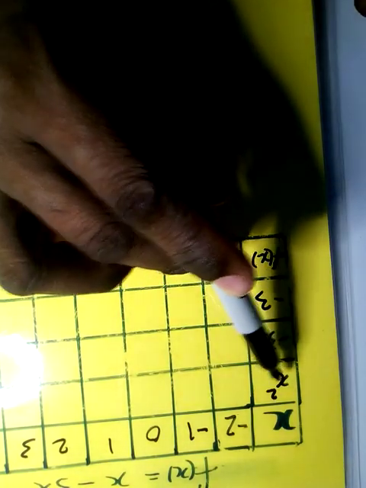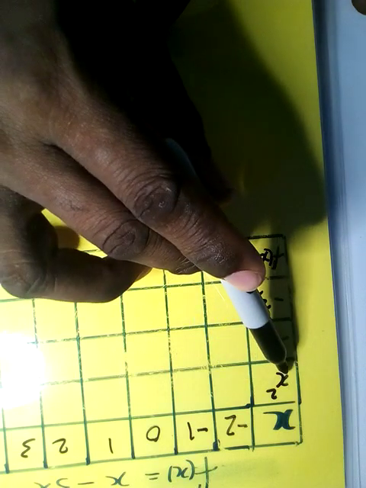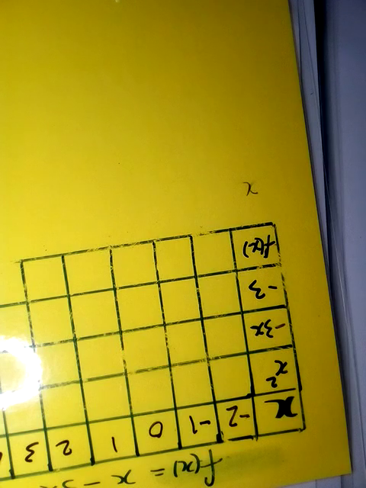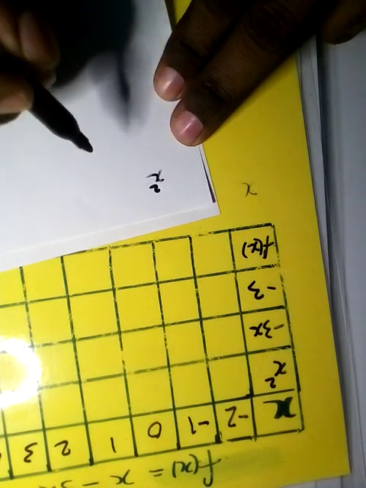To find what should go here, we're going to use this term here, x squared. So we write the expression x squared and we just follow the expression.